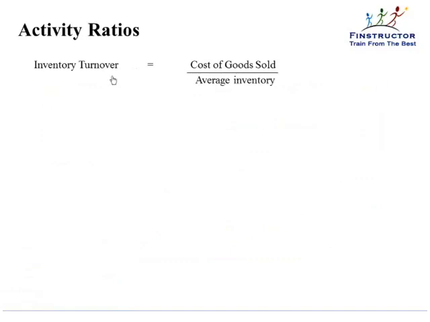Similarly, the inventory turnover ratio is calculated as the cost of goods sold upon the average inventory. Let's assume that this year the company made $100 cost of goods sold and had an average inventory in its godown worth $50, such that the inventory turnover ratio would come out to be equal to 2.